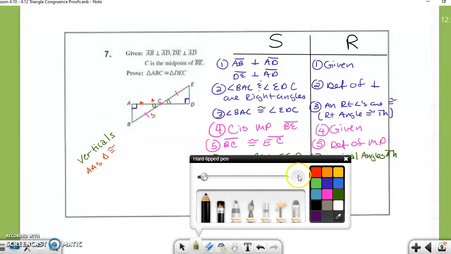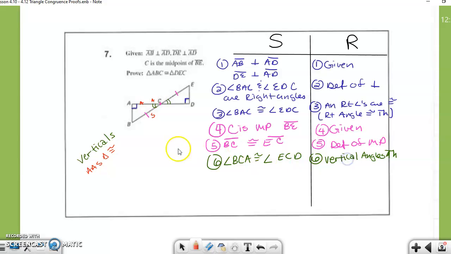And then once I did that, I was able to go, oh, triangle ABC is indeed congruent to triangle DEC, and it was by angle, angle, side, triangle congruency. You may need to pause and digest that a little bit before we move on to some more proofs.